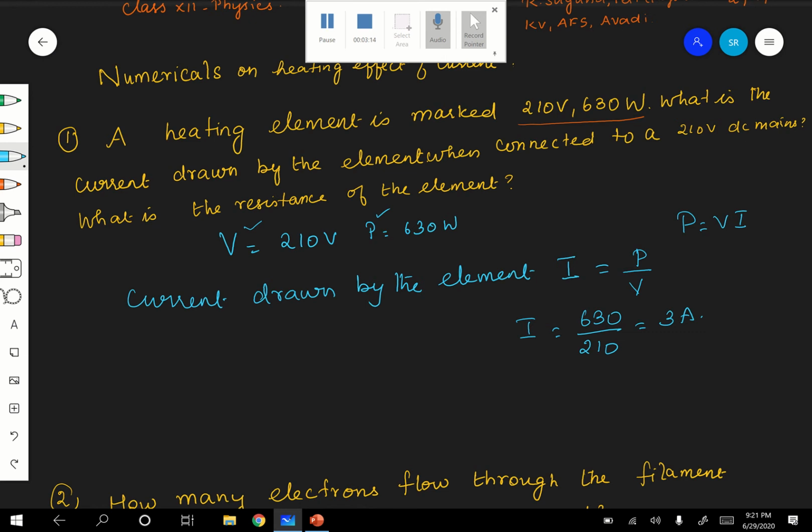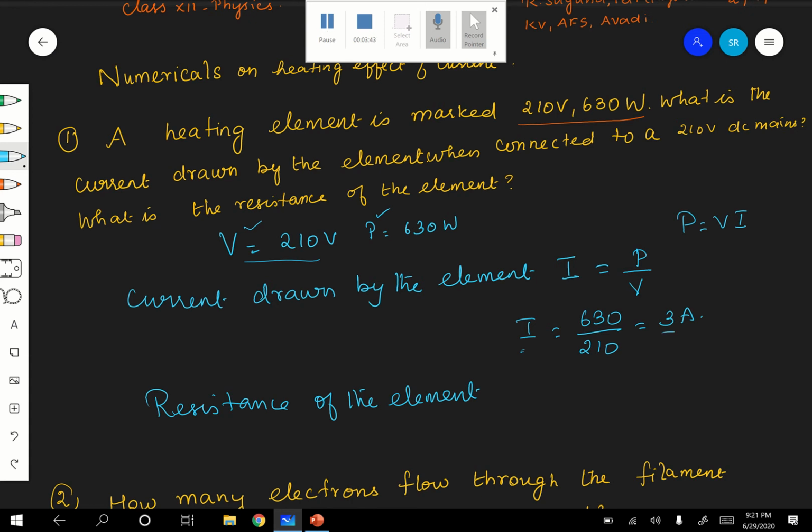Very simple, it is direct substitution, right? Next one is, what is the resistance? Resistance of the element. Here you know I from the rating: you have found out how much current it can withstand, the current rating, that is 3 ampere.